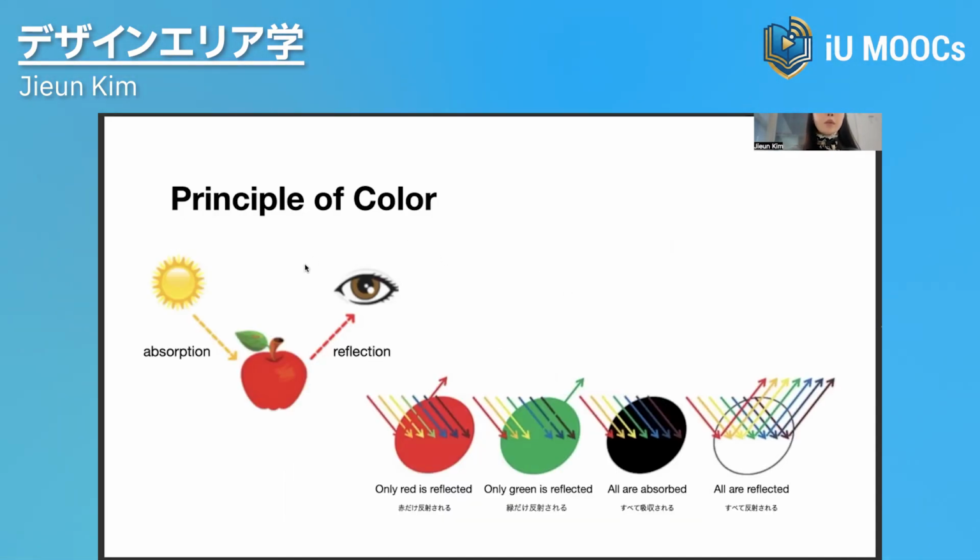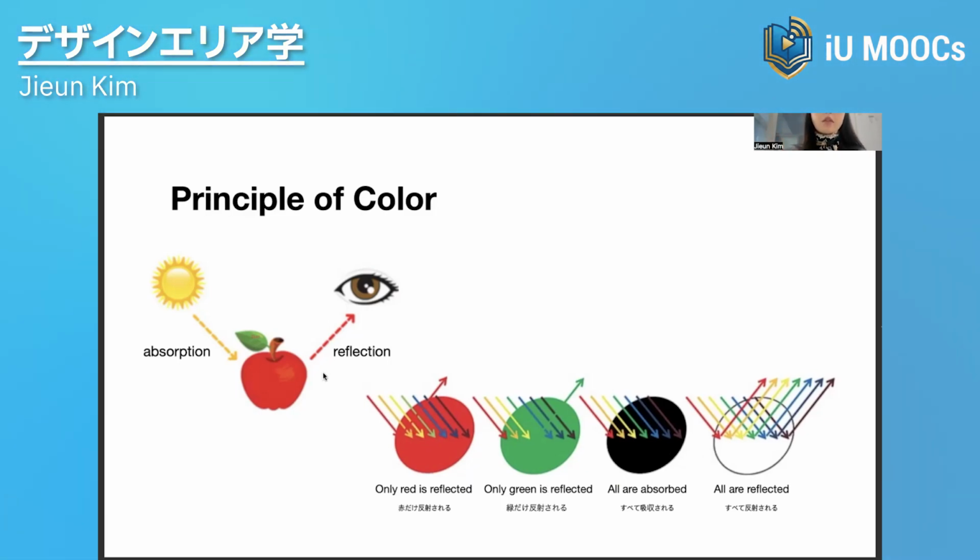So, for example, the principle of color: we can see the apple as red because the apple absorbs the light and only reflects the red color. Because of that, we see the apple as red. So this is the principle.